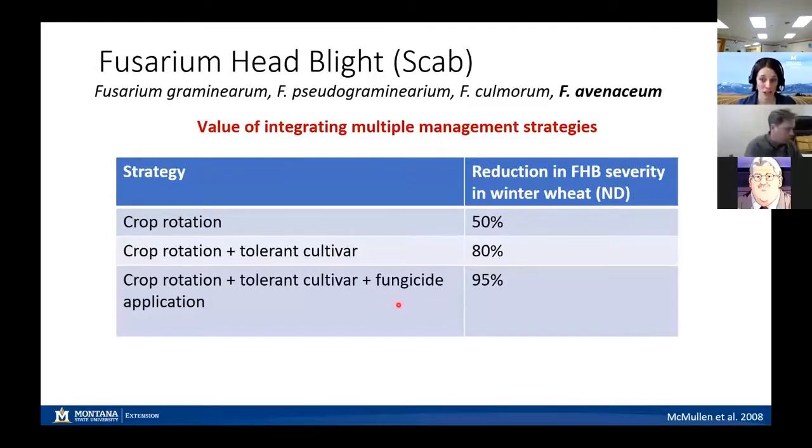And applying a fungicide in addition to that reduced the severity by 95%, which is pretty significant. So it's all about choosing those many little hammers to chisel on a problem. Is that the right word? Probably not. Rather than relying on just that one management strategy and hoping that that will do the trick.